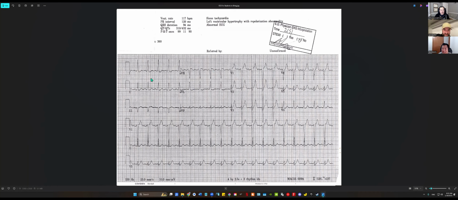All right. Now, before we continue to the next portion, draw somewhere on your sheet a block of 4 by 3. So 1, 2, 3, 4, 1, 2, 3. Okay. And label it lead 1, 2, 3, AVR, AVL, AVF, V1, 2, 3, 4, 5, 6.